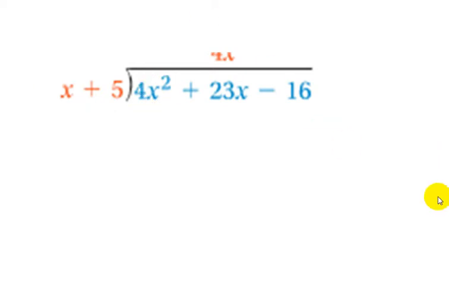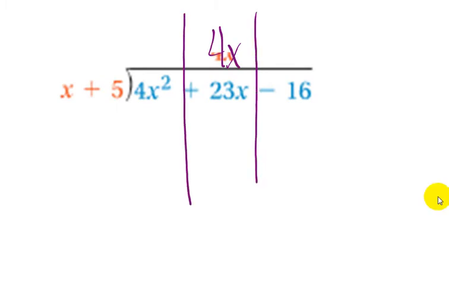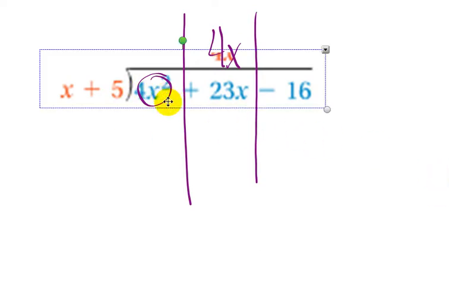Everything stays in the proper column. Because x goes into 4x squared 4x times, that's what we write up here in our x column. So that's how we begin. That's your first step.